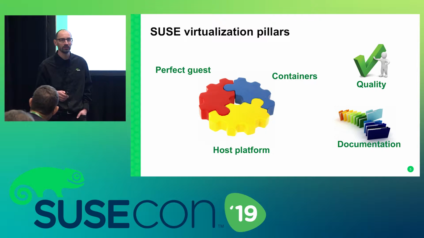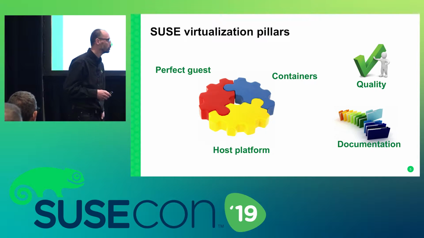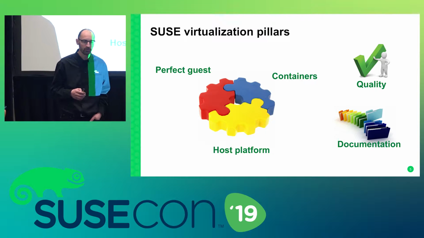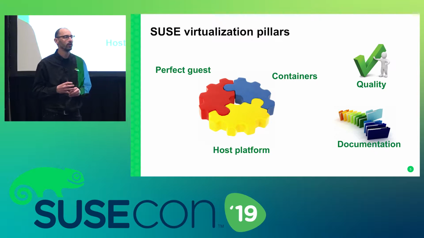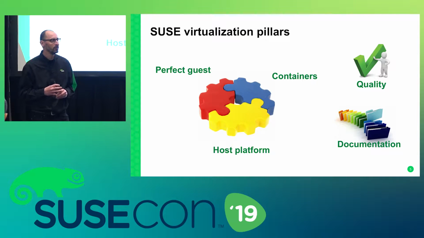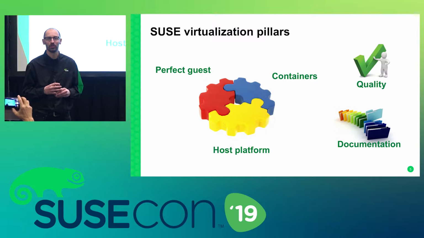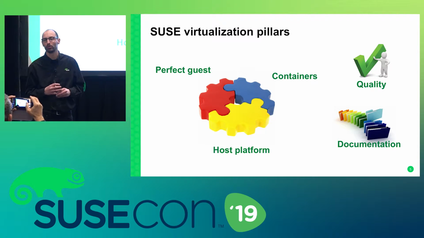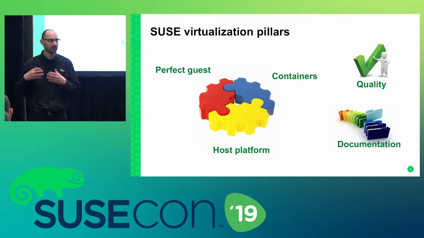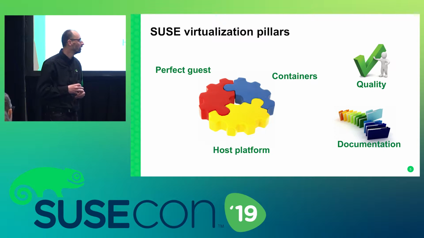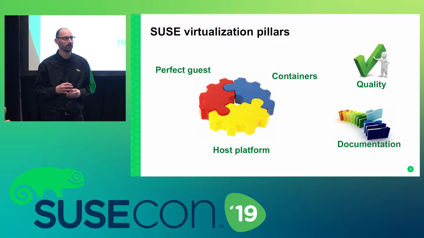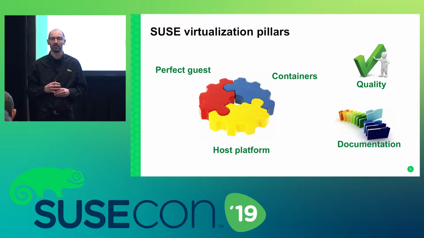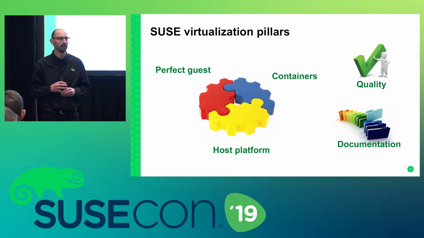There are two more things when it comes to virtualization: quality and documentation. It's not really a key software deliverable, but it's still very important to keep in mind, because quality is what actually makes our products fit for purpose. We make sure that we test almost every scenario possible, at least to an extent we know what our customers and partners use, and make sure that whatever we release actually makes sense and is usable and works fine.